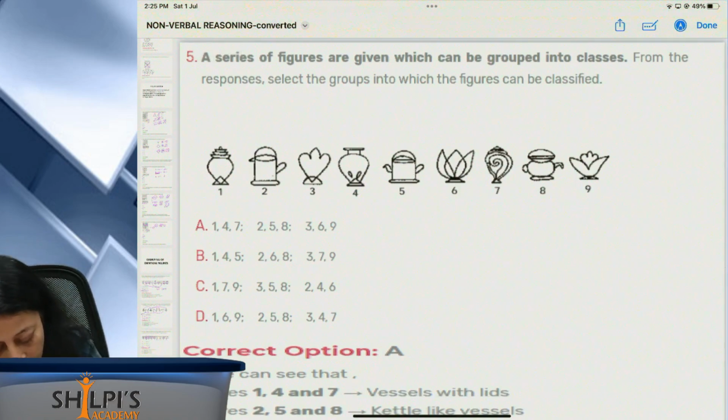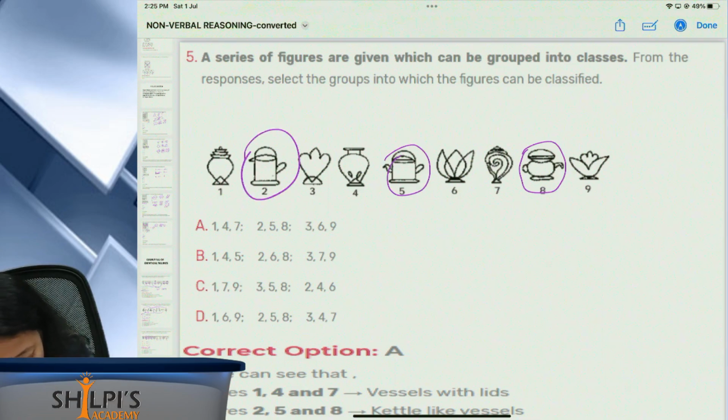Next one, how are we going to take it up? Here it has got a beak, here it has got a beak, and here it has got a beak. So let's go for 2, 5 and 8. You have 2, 5, 8 here and 2, 5, 8 here. Okay. Next goes like a flowery kind of thing.